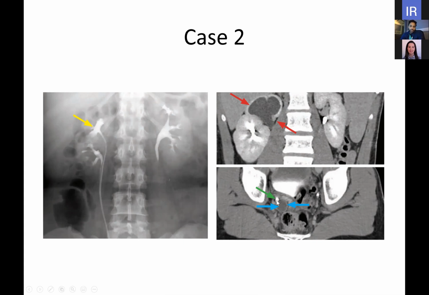So this right here is the lower pole ureter that empties distally, and this behind, which is dilated, is the one that is connected to the upper pole of the kidney. So this is a CT urogram. This is a more detailed study in terms of looking at the collecting system in more detail.